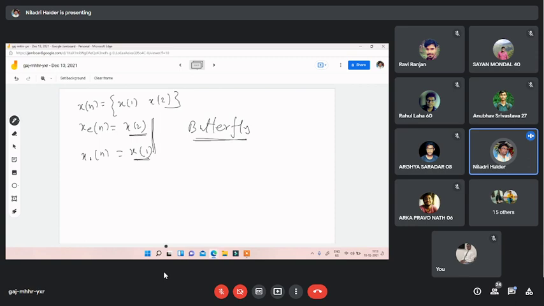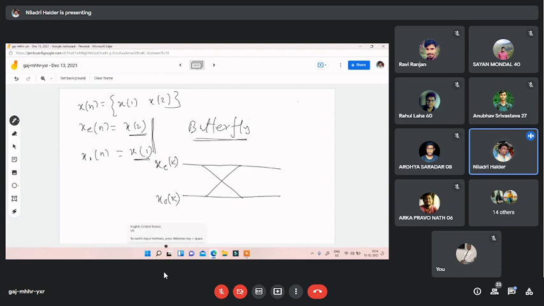Means if you have 8 samples, you will have 4 butterflies. And the butterflies will be given like that. That will be your XEN. That will give your XON. Or simply if we mention it in frequency, it will be XEK, XOK.